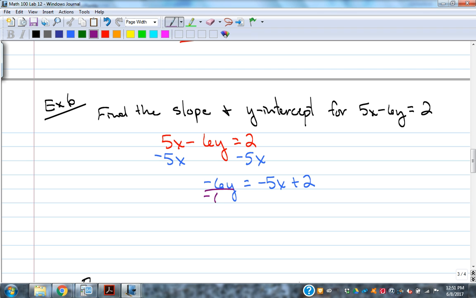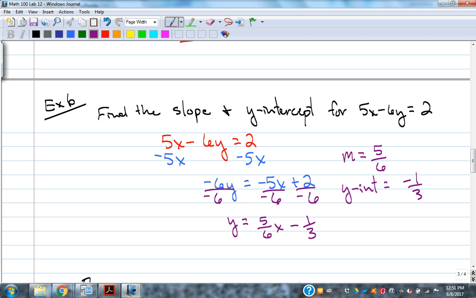Divide by negative 6. 5 over 6 x minus 1/3. So the slope, m, is 5 over 6. The y-intercept, b, is negative 1/3. Those are our values. You might see that written as an ordered pair, 0, negative 1/3. Either way.